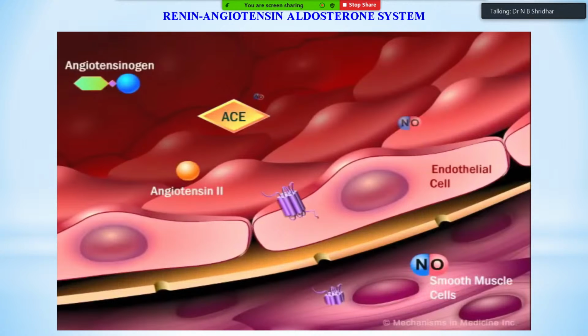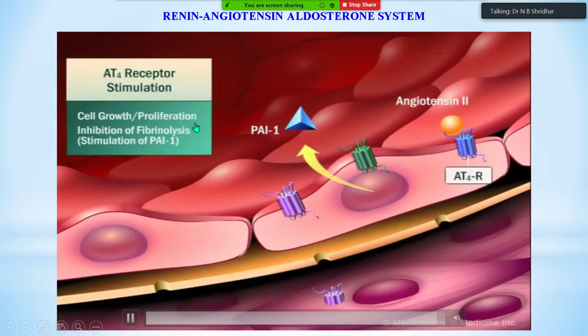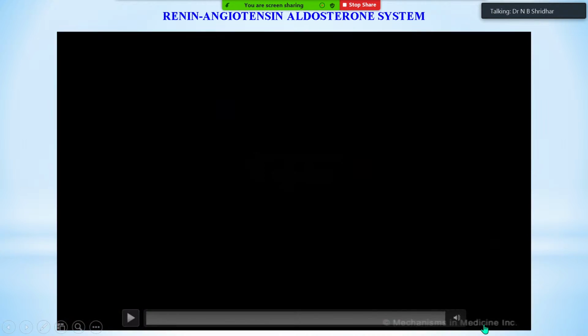Another receptor, the angiotensin receptor 4, is acted on by angiotensin, causing cell growth, proliferation, inhibition of fibrinolysis, and stimulation of other activities. So this is how the renin-angiotensin system acts.